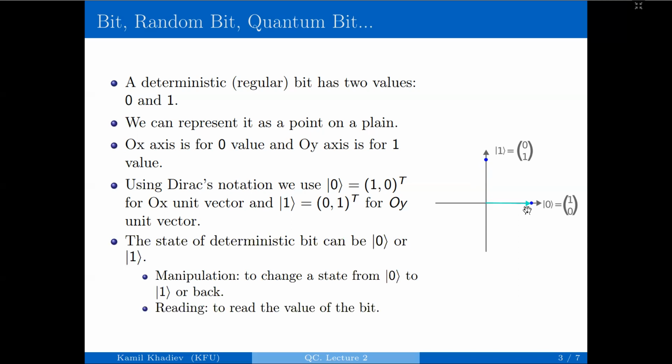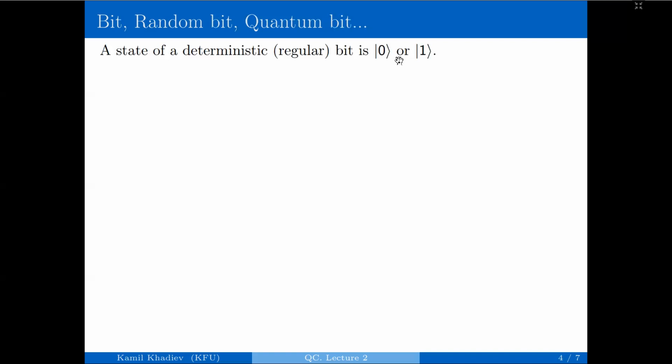If we want to read the value from this bit, we just get the value 0 or 1. This is just for using the new formalization, because it will be useful for the random bit and the quantum bit.